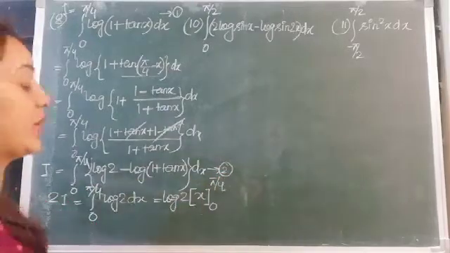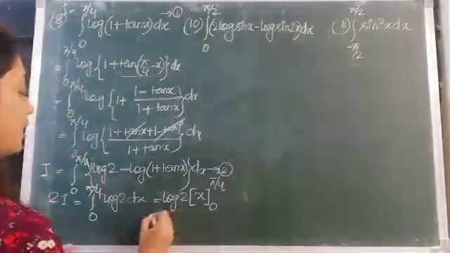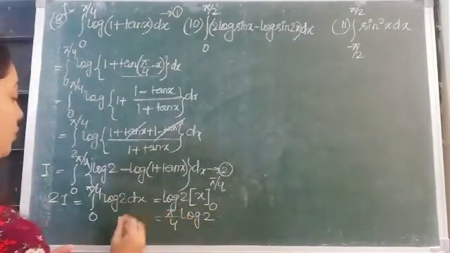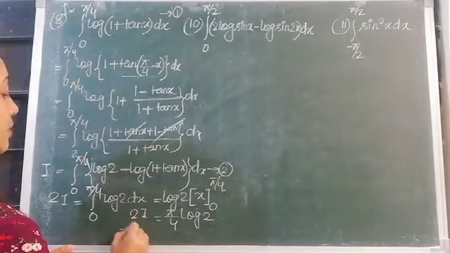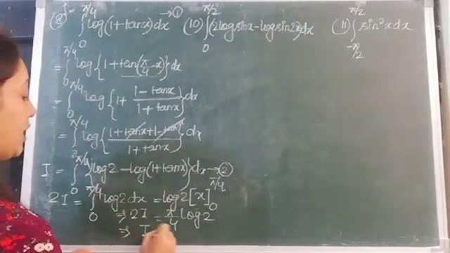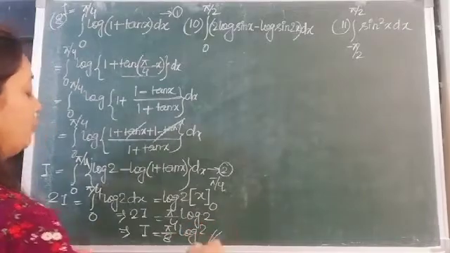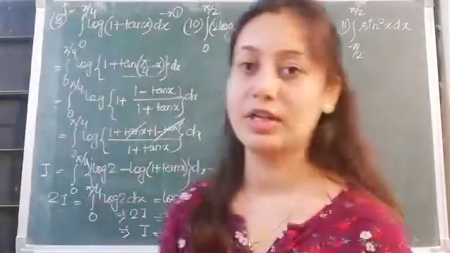Substitute the value of x as pi by 4, so you will get log 2 times pi by 4 minus 0, that is pi by 4 log 2. So twice I is equal to pi by 4 log 2 and hence I will be equal to how much? Pi by 8 log 2. So pi by 8 log 2 is the final answer.